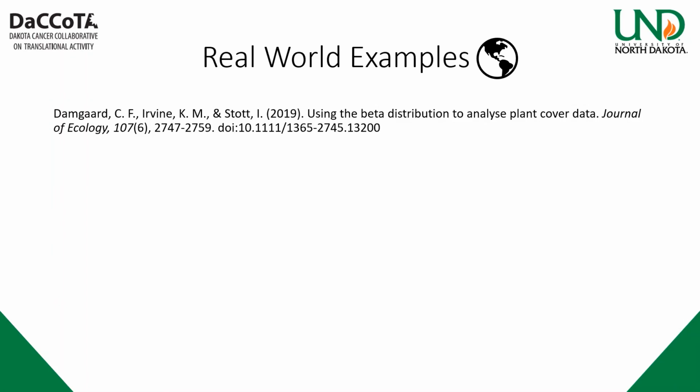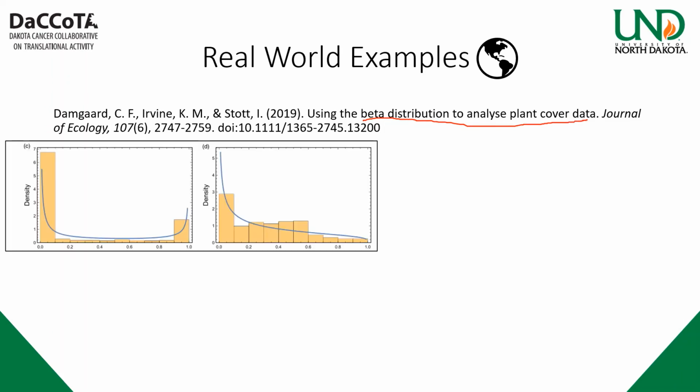Final example here. This is from Journal of Ecology using a beta distribution to look at plant cover data. So this is a great example of using a distribution to fit your data well. The idea is you look down like from a satellite, look at percent of plant cover in a spot. Problem is a lot of times plant cover has a weird distribution.